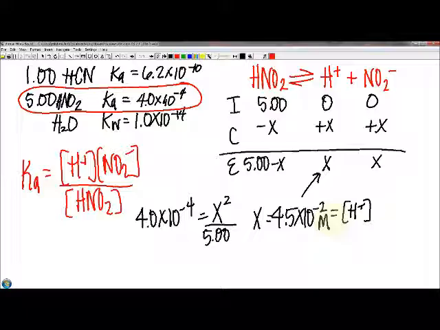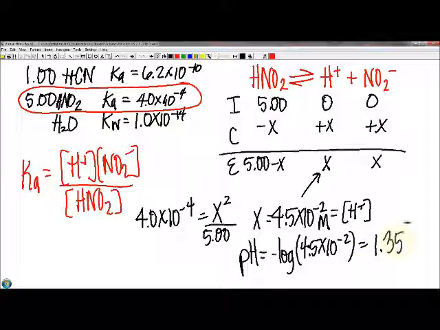So the problem wanted the pH, so now we can go ahead and plug into our pH equation again. Negative log of 4.5 times 10 to the negative 2, and that is equal to 1.35. So as long as you look at all of the Ka or Kws possible present in the solution mixture, pick the right one, and then it's not too bad.